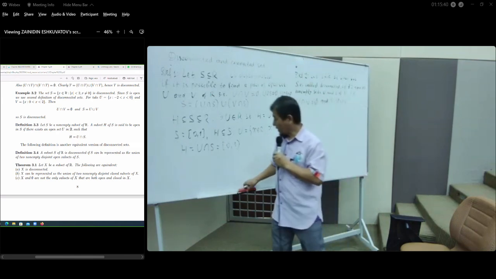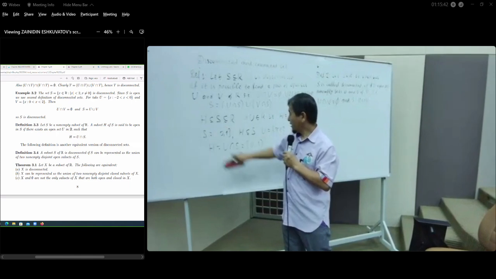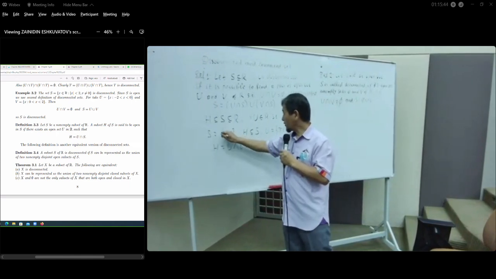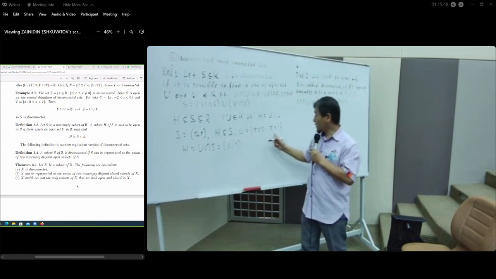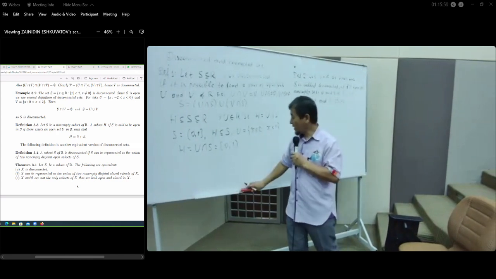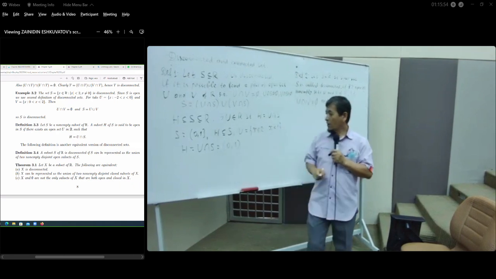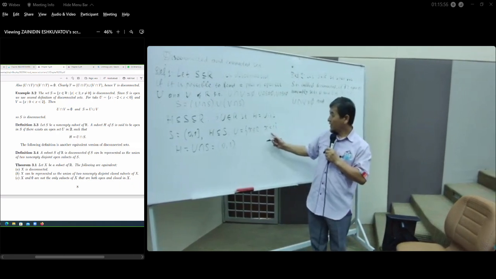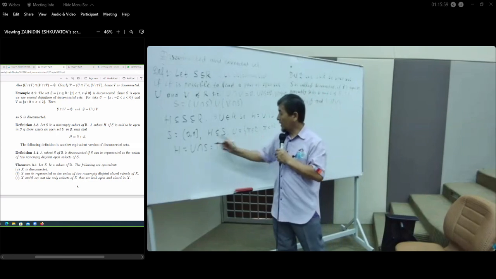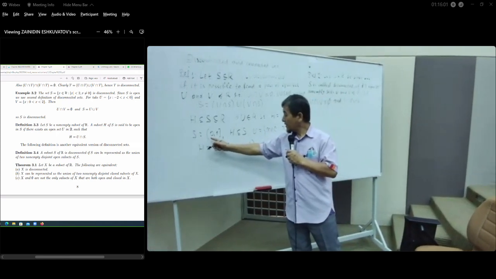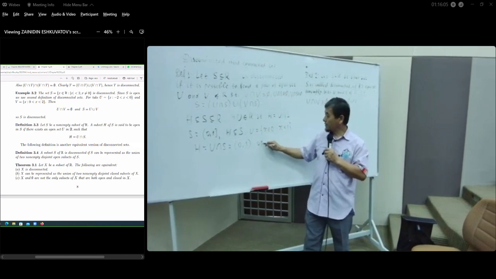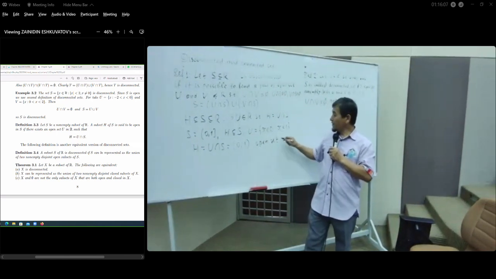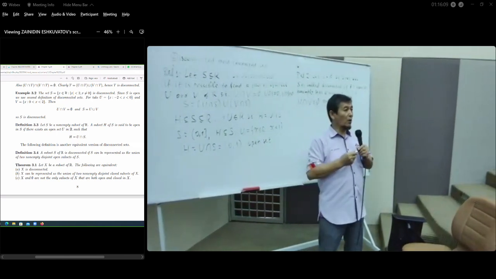Which way can I construct it? If I take it like this, then I can construct U this way, and then this one is an open set. You see, 1 is not included here, and 0 is not included. Actually, this definition is not very complete.